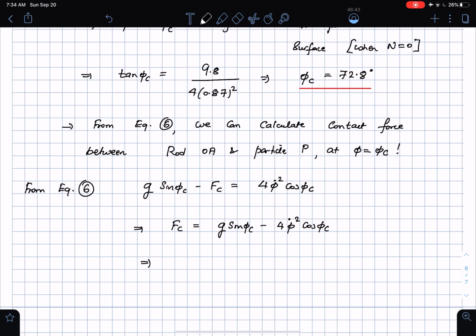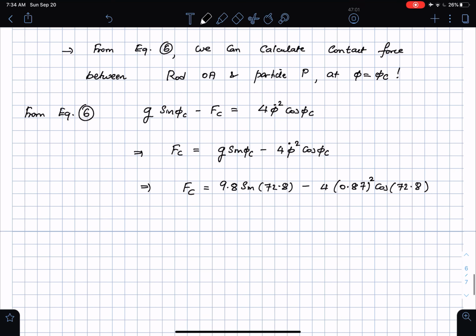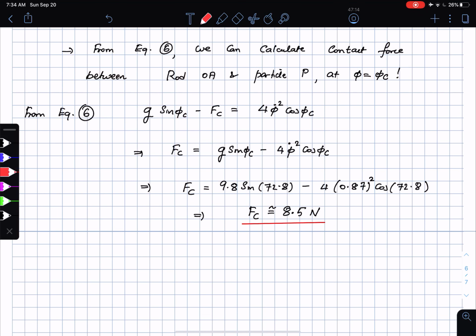Doing the substitutions, Fc is equal to 9.8 sine 72.8 minus 4 times 0.87 square cosine of 72.8, which is a very small number, so Fc eventually is approximately 8.5 newtons. This is the situation.